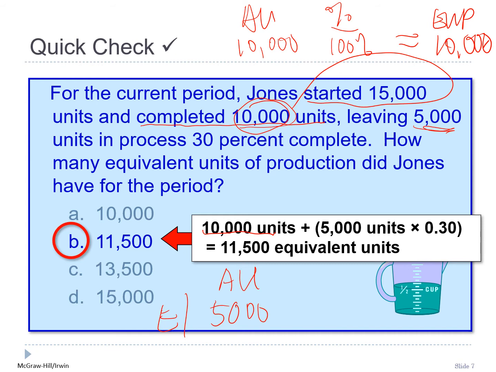Nasa ending inventory siya. I-multiply natin ng percentage of completion. So, that's 30%. So, lalabas, this is 1,500. So, 5,000 times 30% is 1,500. So, therefore, ang total equivalent units natin is 10,000 plus 1,500. Kaya naging 11,500.